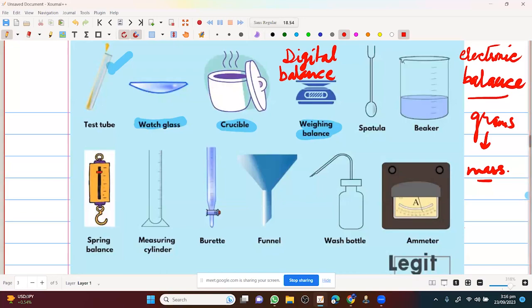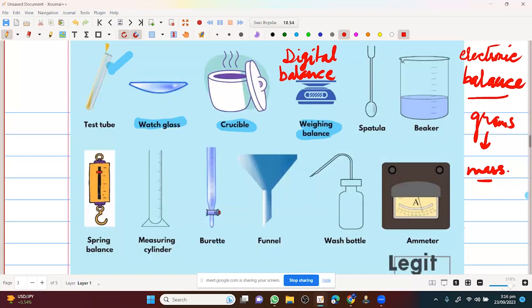In this sheet, you can see the spatula is also there with another shape. Beaker is there, you have done it. Spring balance is used to measure mass. Do you know that? There is an electronic spring balance as well. When we go abroad, they have different spring balances which can measure up to 40 kg, up to 140 kg.